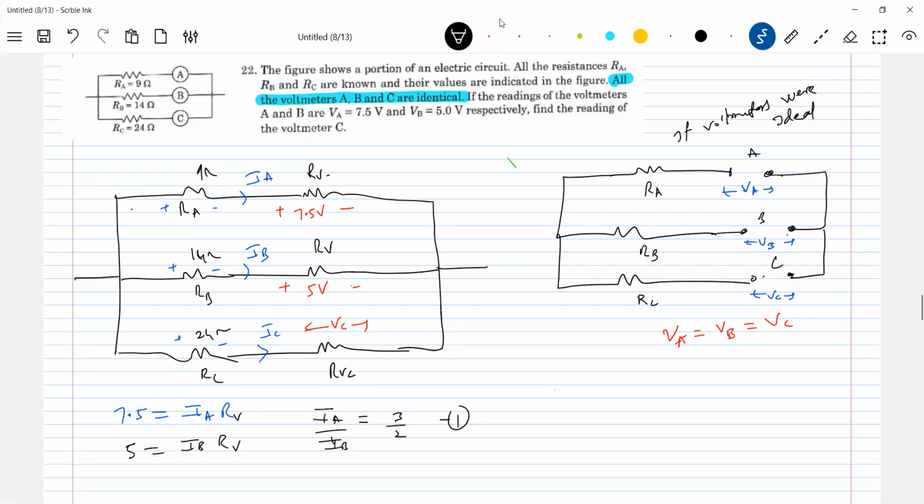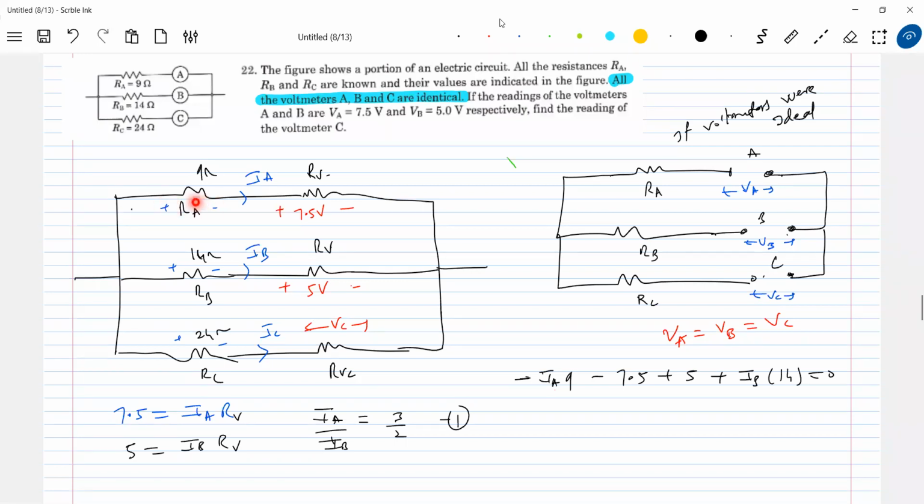Let's write the loop equation. Applying KVL: minus IA into 9, minus 7.5, plus 5, plus IB into 14 equals 0.